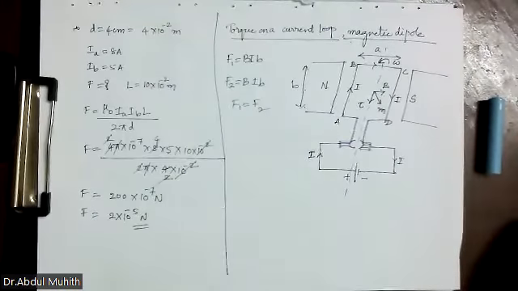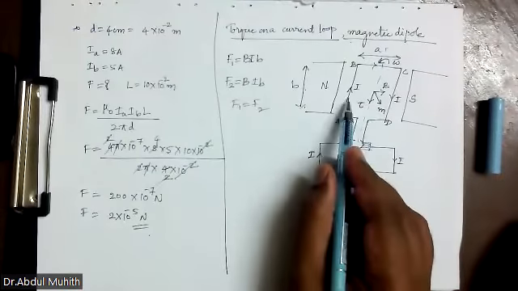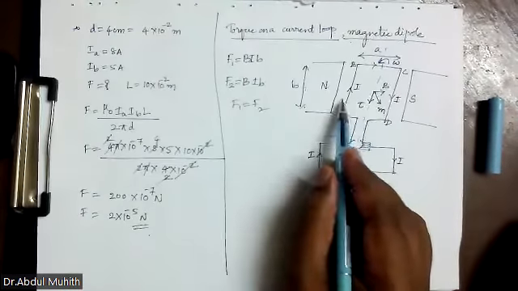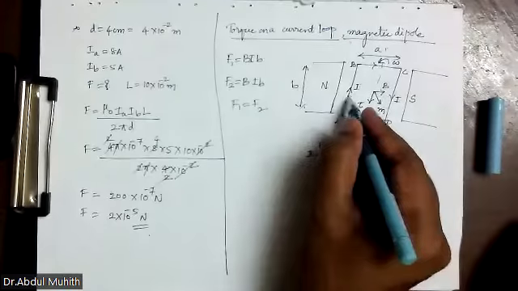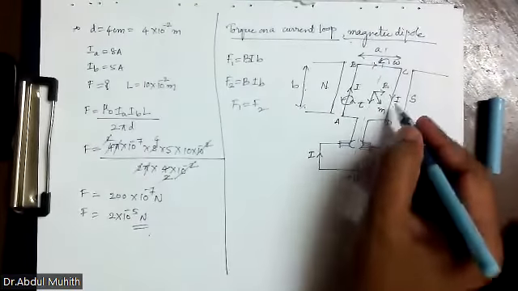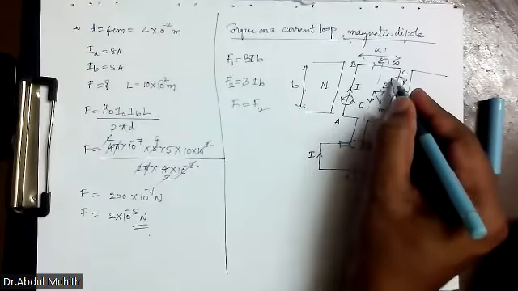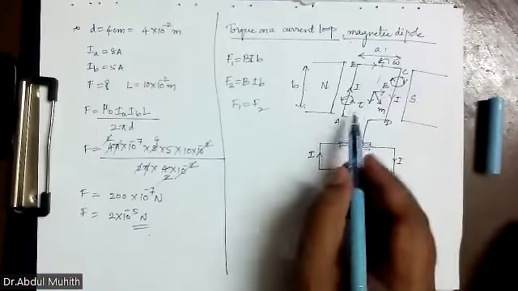Now, when the current is placed in the presence of a magnetic field, what happens? Around the wire there is a magnetic field. Here it is clockwise, and here it is anti-clockwise.